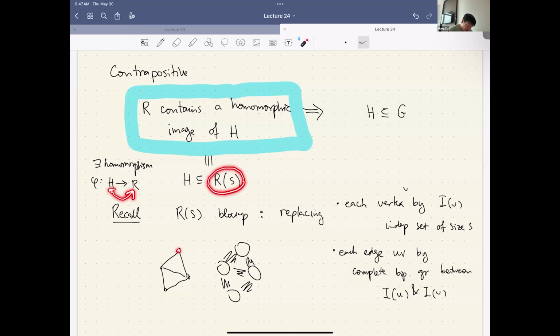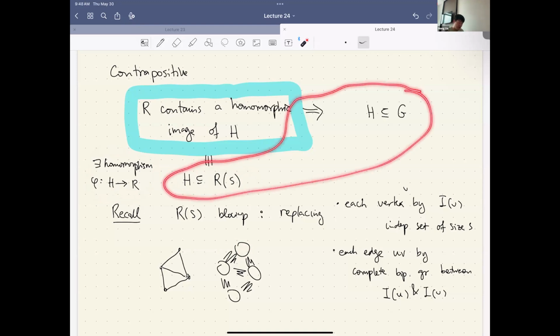Since we now blow it up, we can make this map injective since we have many copies. So we can obtain a copy in the blow-up of R. We're going to phrase the embedding lemma in this way.